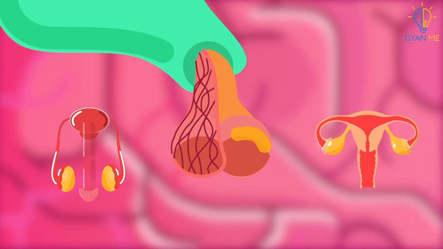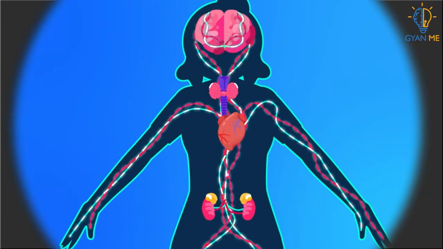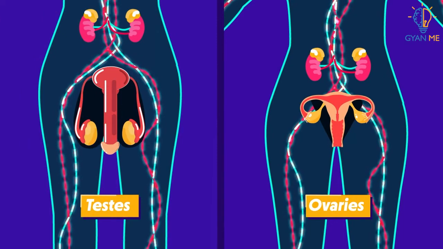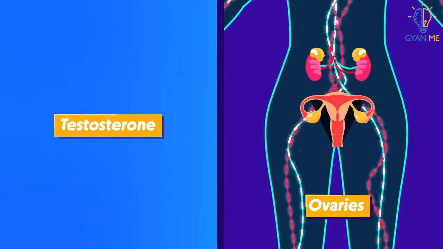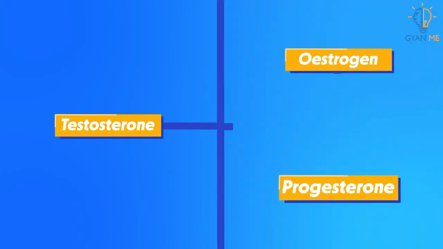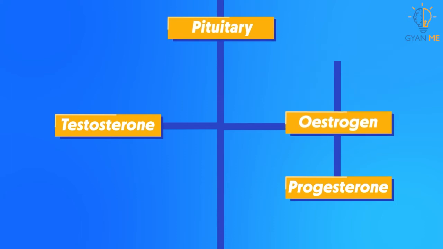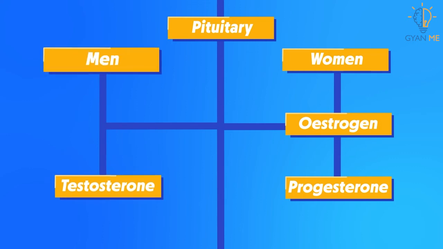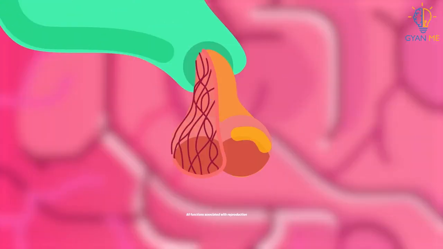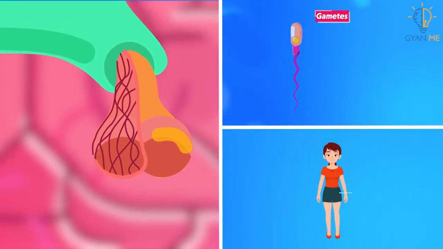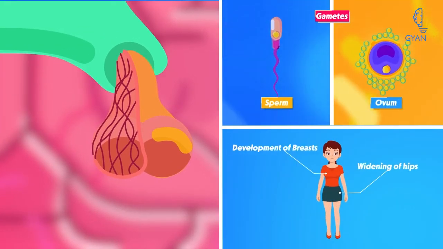Pituitary releases gonadotrophin hormones in the bloodstream, which in turn reach the reproductive organs, testes and ovaries, and give them the message to release their sex hormones, that is, testosterone from testes and estrogen and progesterone from ovaries. So, the pituitary controls the production of estrogen and progesterone in women and testosterone in men. Thus, in turn, it controls all functions associated with reproduction, including the production of gametes and the secondary sexual characteristics.